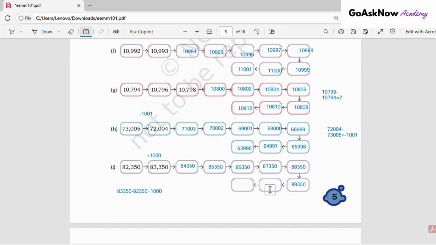Adding 1,000 to the previous term we are doing here. 90,350, 91,350.